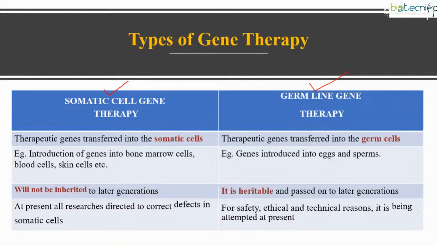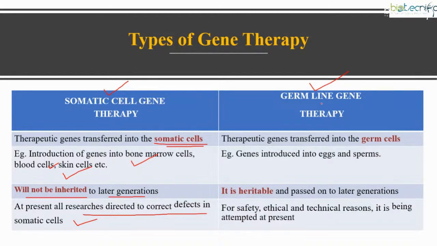As the name indicates, in somatic therapy the therapeutic genes will be transferred into the somatic cells like bone marrow, blood cells, skin cells, etc. And since it is somatic, it will not be inherited by later generations. So, at present, all the researchers are directed to correct the defects in somatic cells.